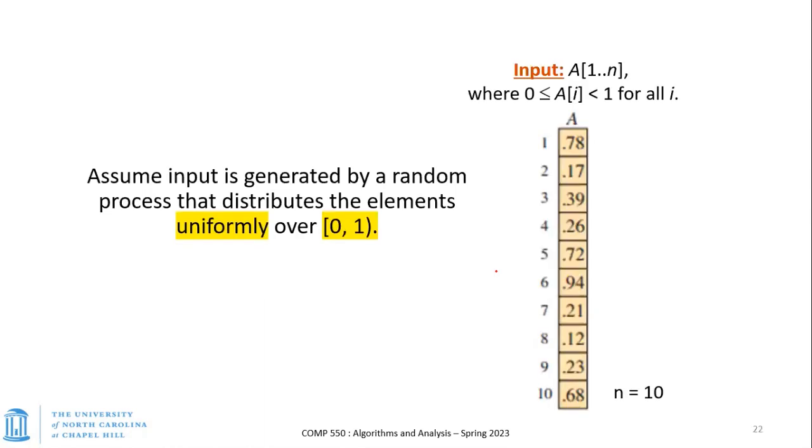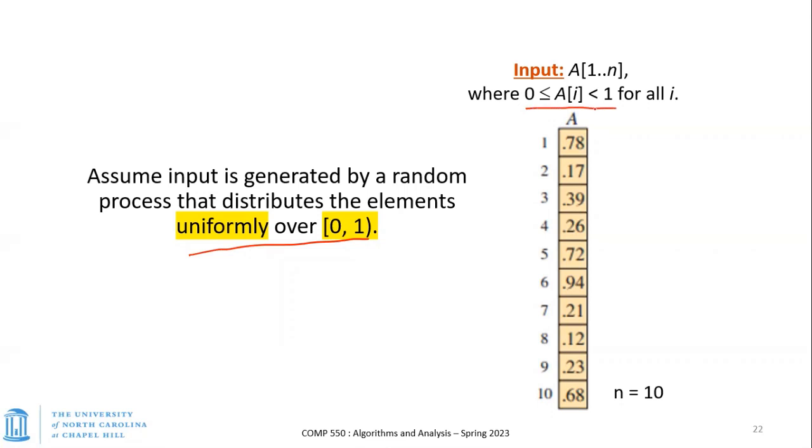But the bucket sort algorithm is slightly specific, and it doesn't deal with all classes of numbers. We're going to look at the classic bucket sort algorithm, in which certain assumptions are made. You're going to assume that you have numbers which are uniformly distributed over 0 to 1, that is, greater than or equal to 0 and strictly less than 1.